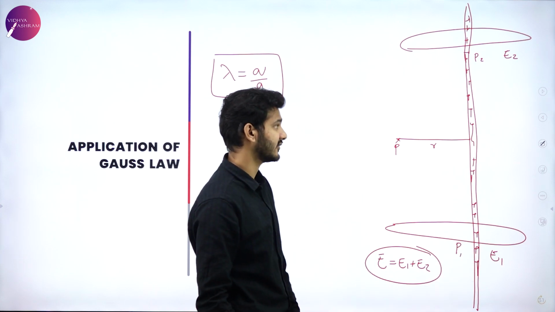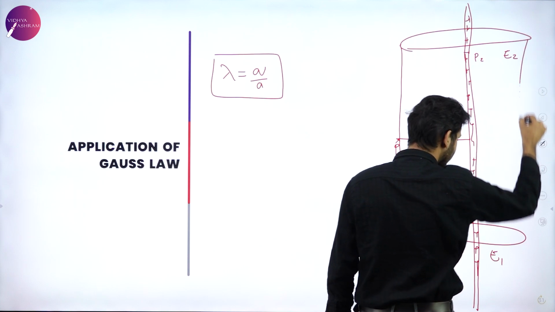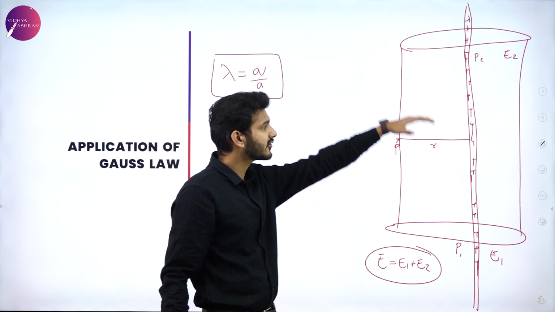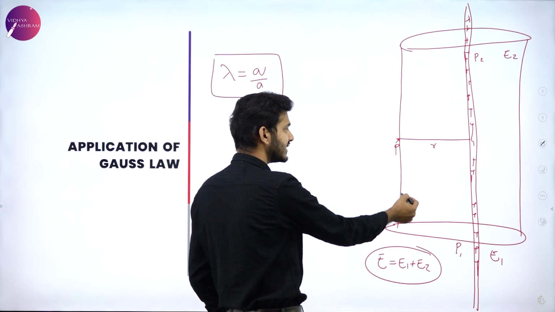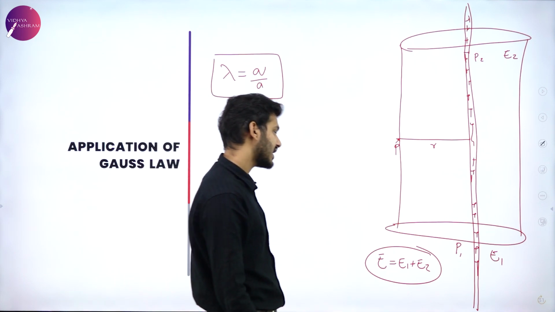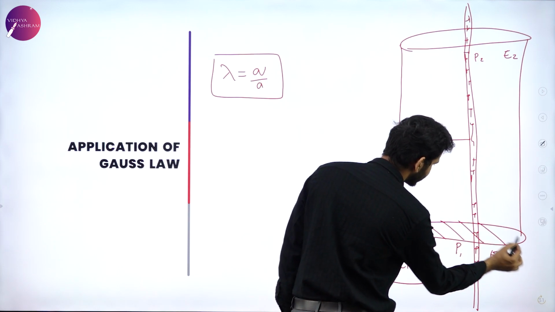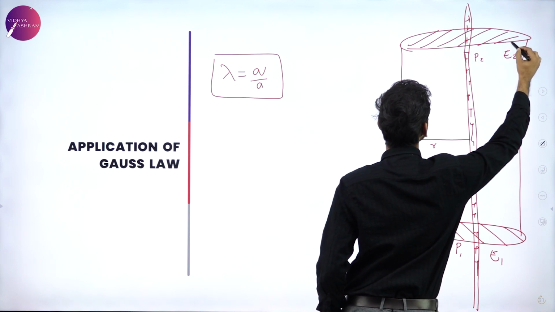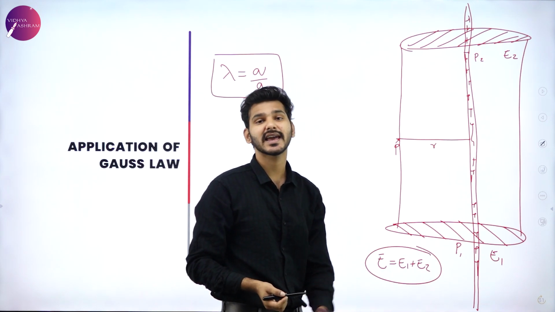So this is the base of the cylinder, and this is the cylinder. We are going to calculate the amount of flux coming out of this cylinder. You can see that the point P coincides with the surface of the cylinder. If you imagine this circular area is the base and this is the top of the cylinder, the electric field coming out this way and that way will cancel each other out.